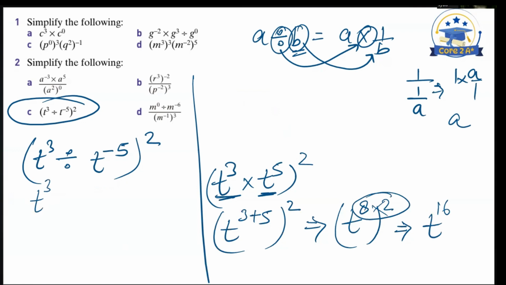And then, as I said, if you want to convert division into product form, write the product, but with the reciprocal of the next number. Reciprocal means 1 upon the whole thing, okay? T to the power minus 5. Got it?